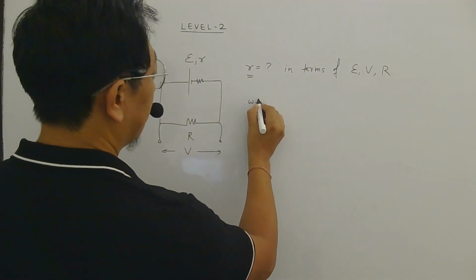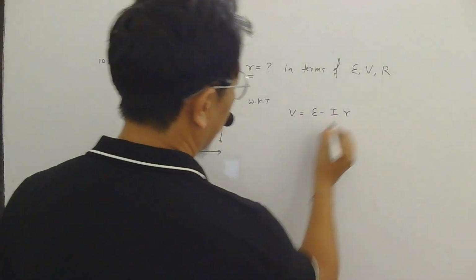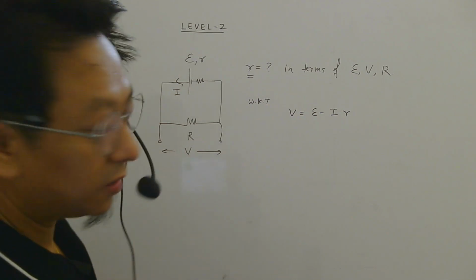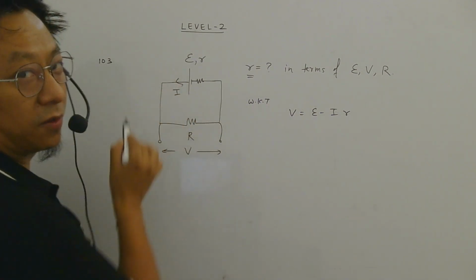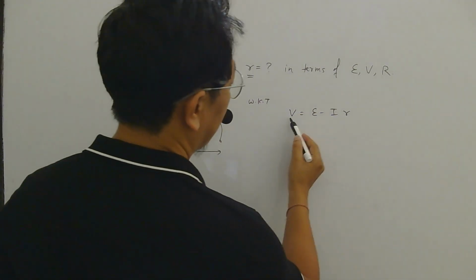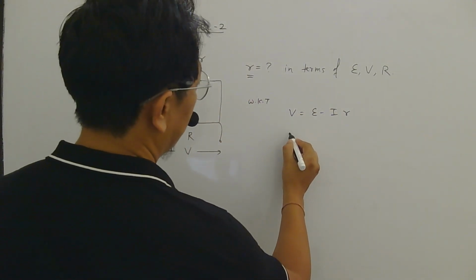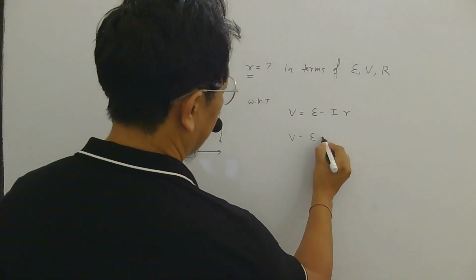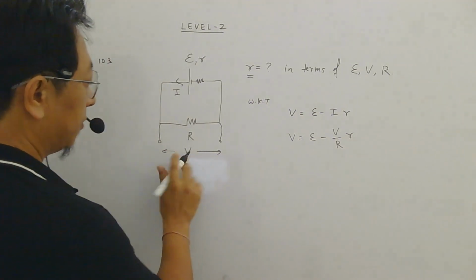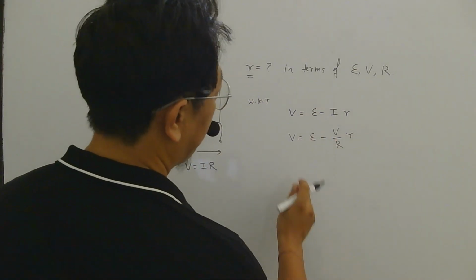Well, we know that terminal voltage is E minus I into small r, because current will go this way from plus to minus, right? So when current starts from the positive terminal and goes to the negative terminal outside the circuit, we write terminal voltage as E minus Ir. So now I can write this as V equals E minus I, and I can be written as V by R from Ohm's law, because V must be I into R. So now if you simplify, you will get the answer.